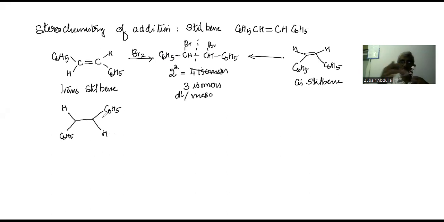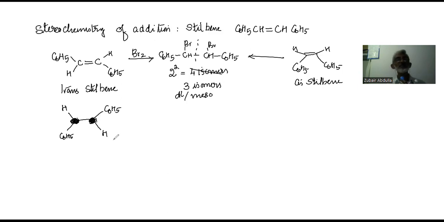Now we have the pi bond which is in a perpendicular plane. So I will represent the pi bond with the two lobes overlapping with each other. This is the front lobe. On the back side, we have this back lobe.